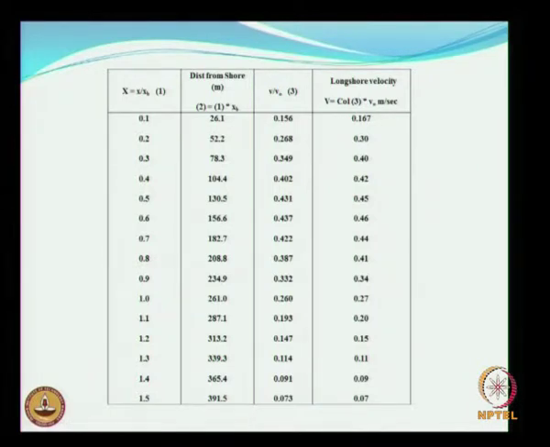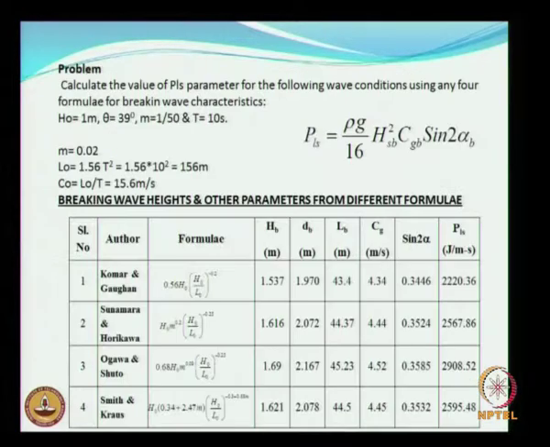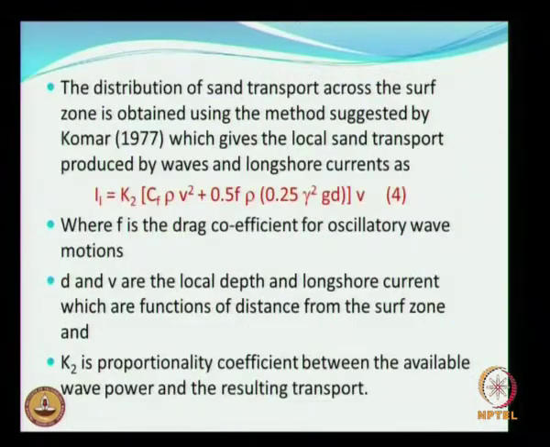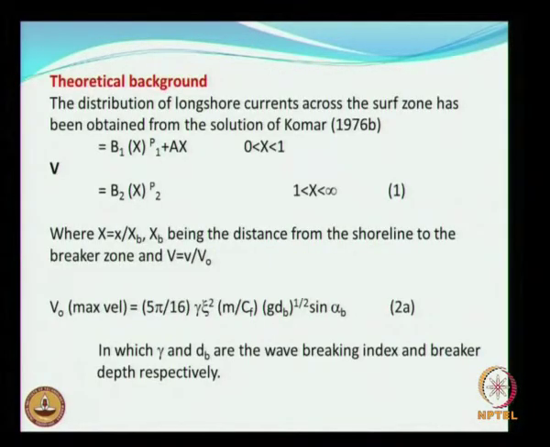Then v by v naught you can calculate using this particular expression. This is the equation. People who have not attended the last class, please look into this. It is quite straightforward.